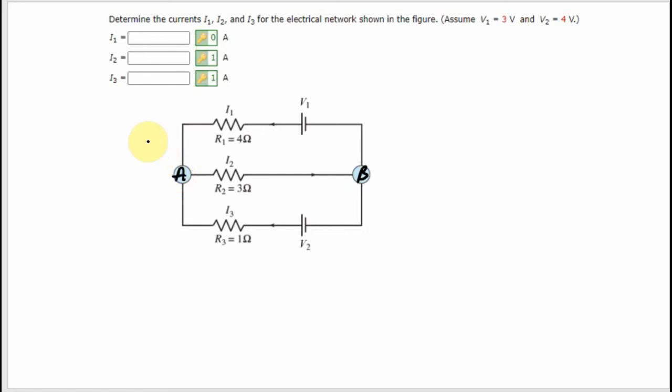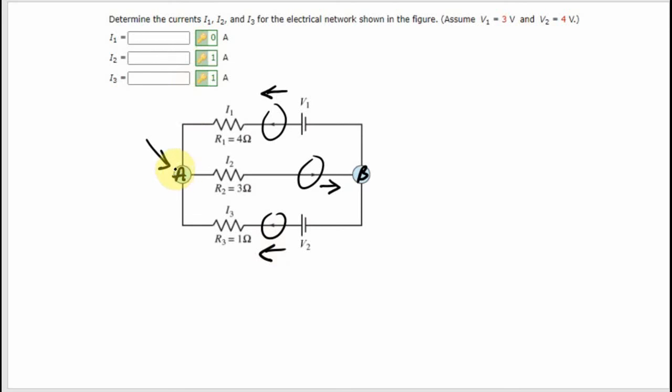Let's look at A. And we're going to look at the flow of the current with respect to these circuits here. Basically, these three resistors, I1, I2, and I3. I don't know if you can tell, but here there's an arrow going that way, and here it looks like the arrow is going that way, and then for this guy the arrow is going this way. Sorry, it's so small.